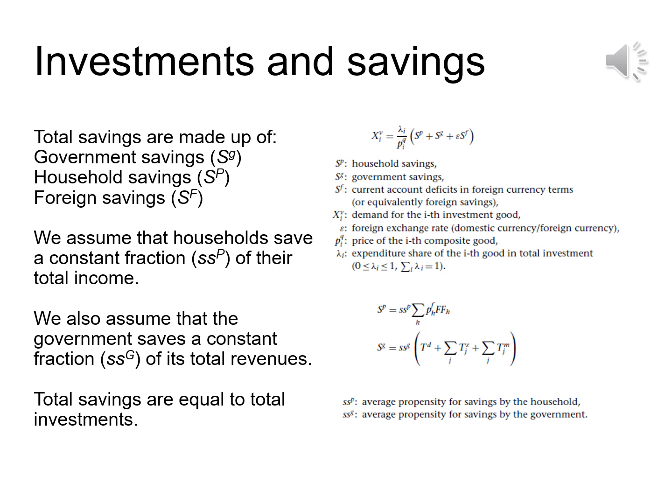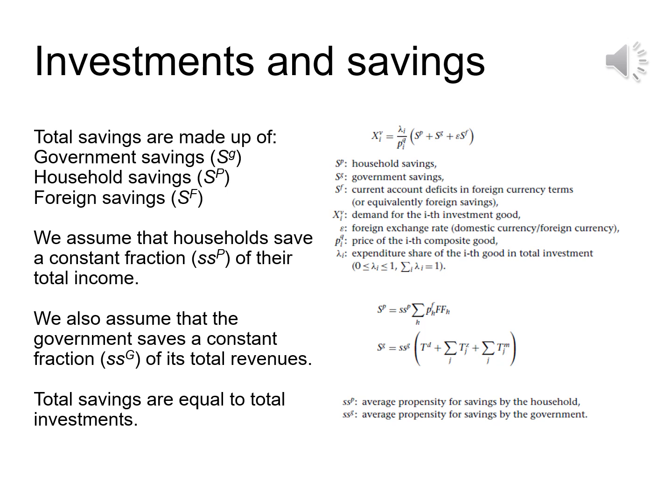We just assume that the government is saving a constant fraction of its total revenues, which you see in the bottom equation. And on top of that, you will see that the private or household savings are doing something similar. They are saving a constant fraction of their total income, which is coming from factors, in summation form, PF times FF.